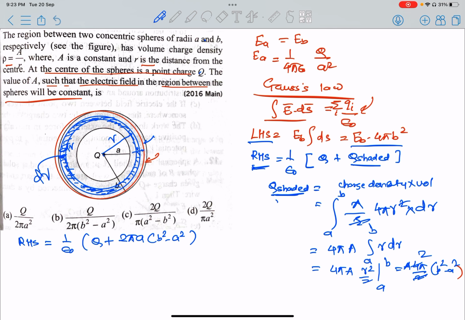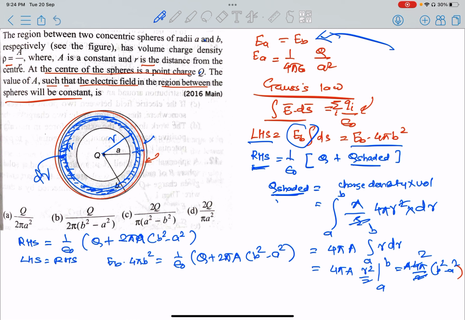Why are we doing this? To find out EB. So let us set LHS equal to RHS and find out what EB is. And if I get that EB, I will just equate it with EA. On equating LHS, which is EB times 4 pi b squared, with RHS, which is 1 upon epsilon naught, sorry, this has to be capital A, so q plus 2 pi A times b squared minus a squared.